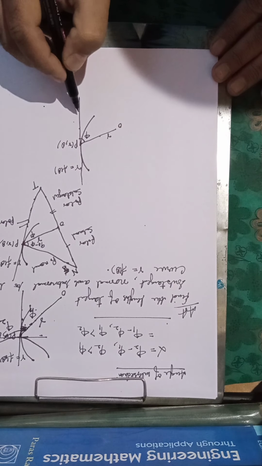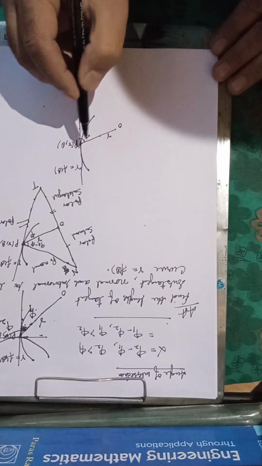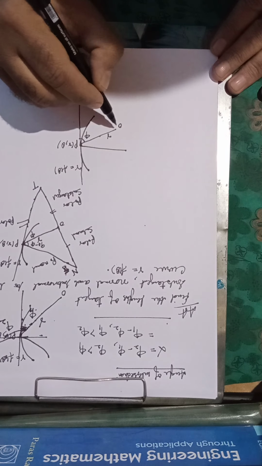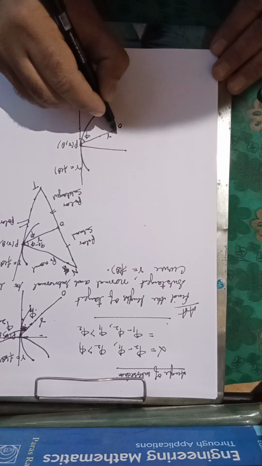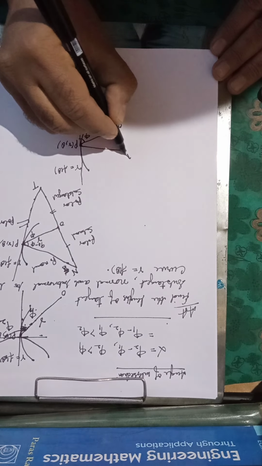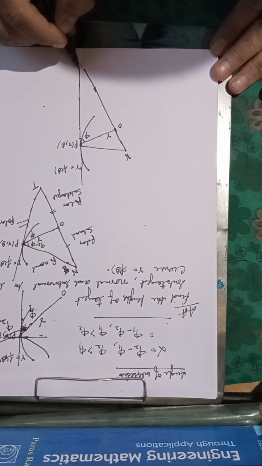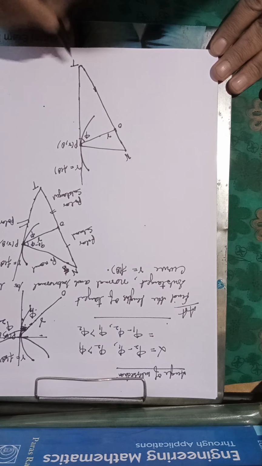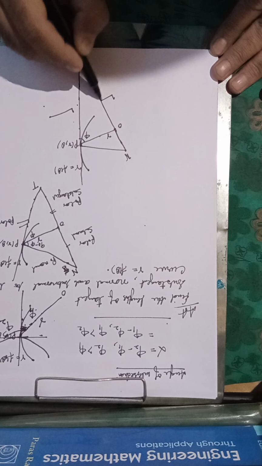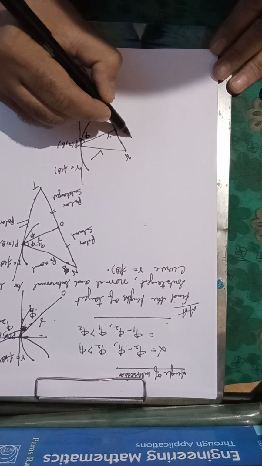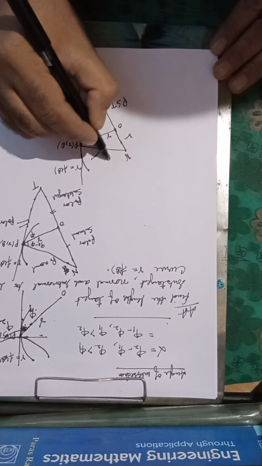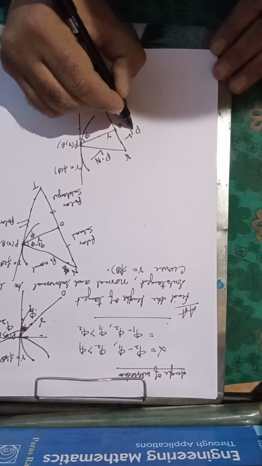Fine. Since this is the tangent, this is the normal. Normal is always perpendicular to the tangent. Now I am drawing a line which is perpendicular to OP, which meets the normal at N and the tangent at T. This PT is the polar tangent, this is the polar subtangent, this is the polar normal, and this is the polar subnormal.